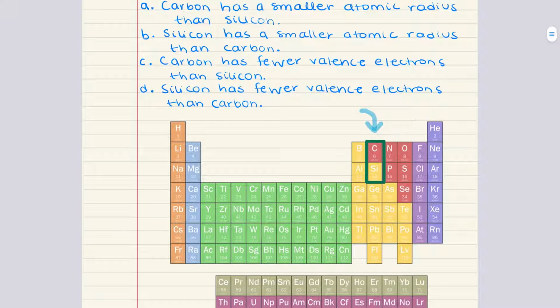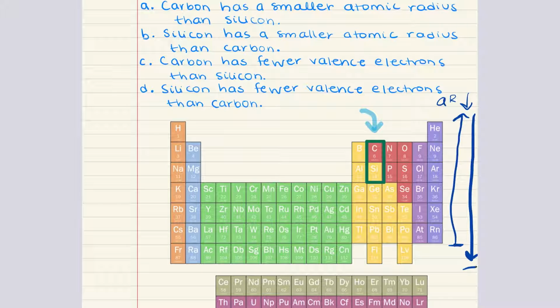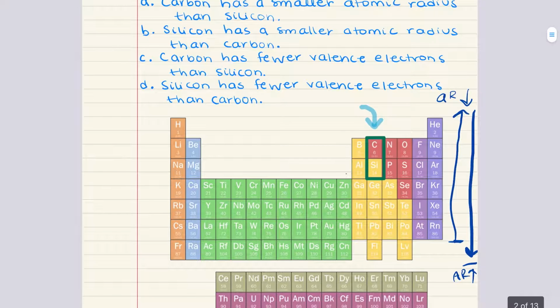We said going from bottom to top, atomic radius decreases. You can say it in the opposite way as well. Going from top to bottom, atomic radius increases, whichever sticks better. Now, with that point in mind, that means that silicon in period 3 is going to have a larger atomic radius compared to carbon.